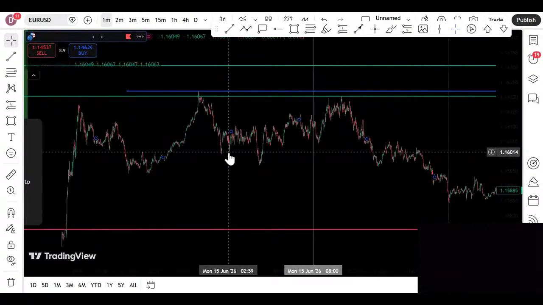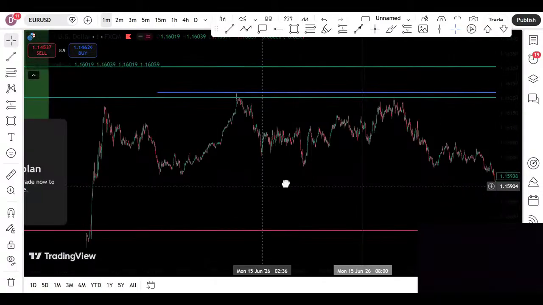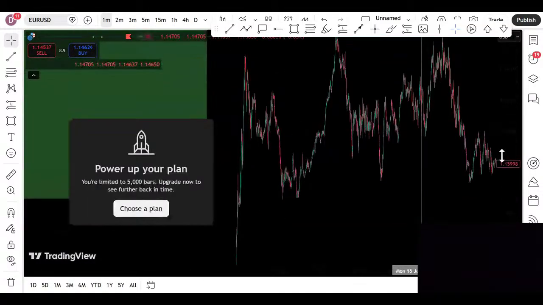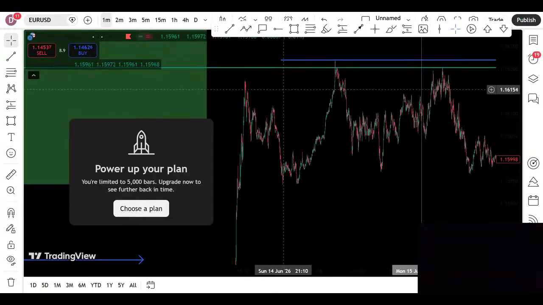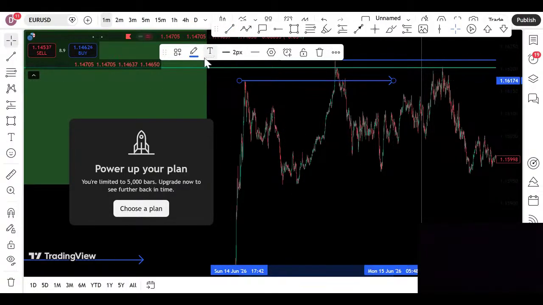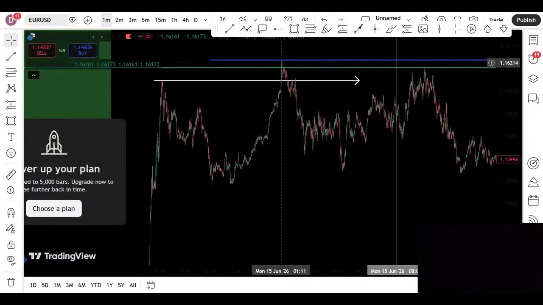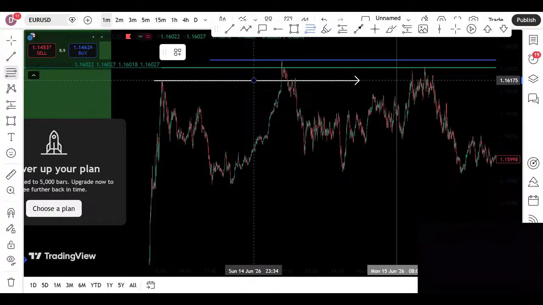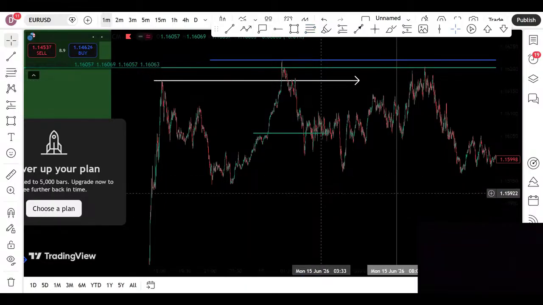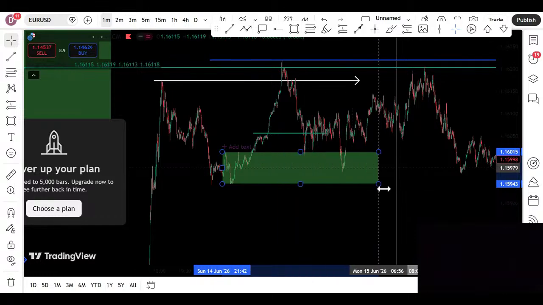See, there is a swing on the 1 minute time frame and we are expecting price to retrace from here, had it come down to the origin of the move.